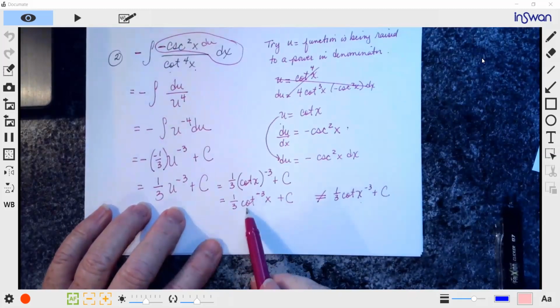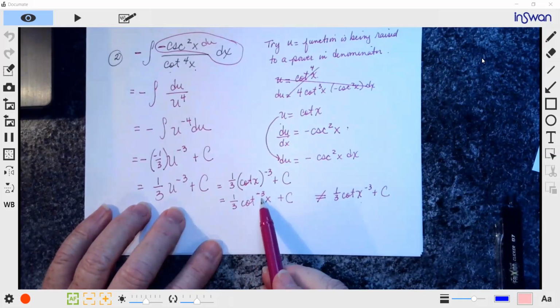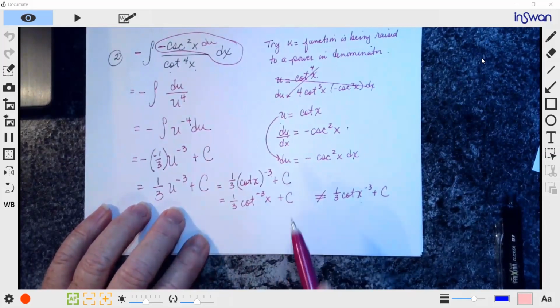Because when you have a trig function taken to a negative power, we could just write it as the reciprocal function. Which function is the reciprocal of cotangent?